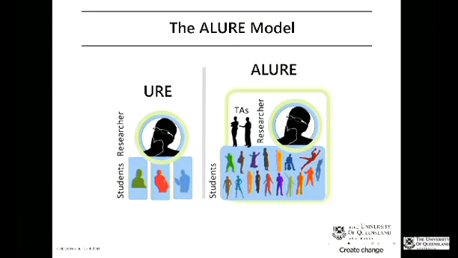This is the model. Again, if you are an undergraduate researcher in a professional lab or a professional clinic, it's generally going to be you sort of supervised by the academic, whereas in ALURE it's lots and lots and lots of students supervised by the TAs in a sort of loose conjunction with the academic researcher. So the academic researcher doesn't have to be there all the time, which is again the thing that allows you to expand this to lots and lots of students.